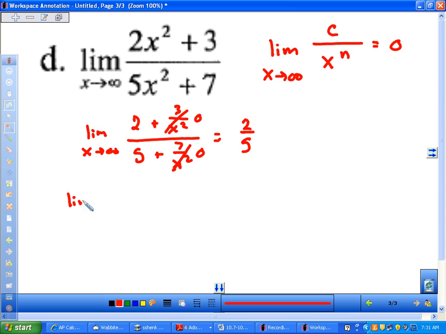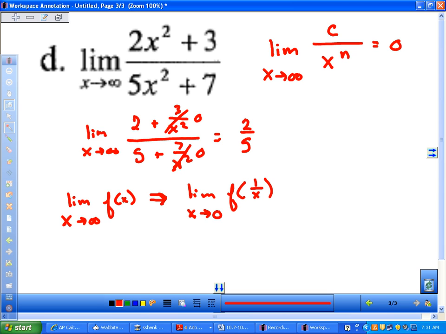What they said is, if we're looking at the limit as x goes to infinity of some function f of x, well, ultimately it's the same as looking at the limit as x goes to 0 of our function evaluated not at x, but at its reciprocal, 1 over x. Looking at a limit as x goes to infinity of some function is the same as looking at the limit as x goes to 0 of that function evaluated at 1 over x.